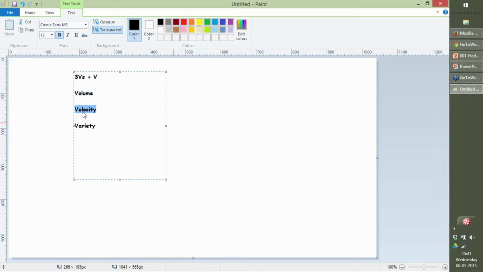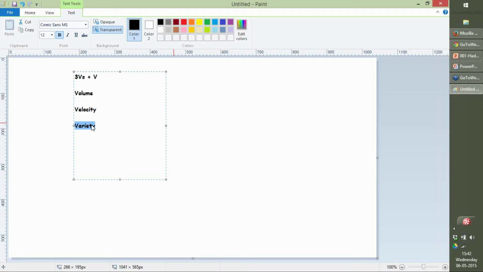Let me give an example. For Facebook, 1 petabyte of data is loaded into the system per day. This is the velocity of Facebook's scaling. So how fast the data is loading into the systems, that is the property related to velocity. And the third V is variety.